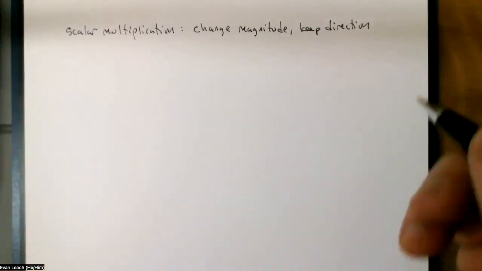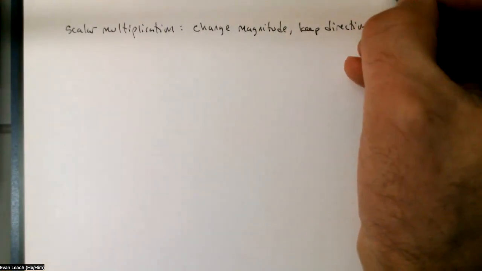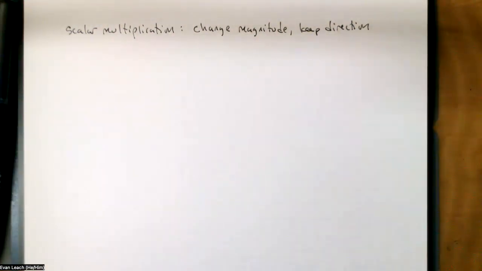First, we'll talk about the easiest one, scalar multiplication. This is where we are changing the magnitude, but we are maintaining direction. When we multiply a vector by a scalar, we change the magnitude, but we keep the direction.